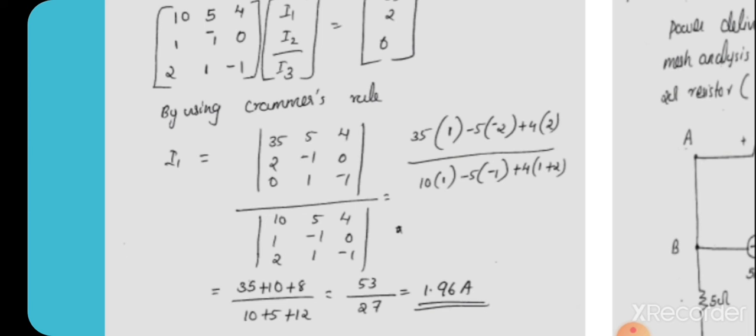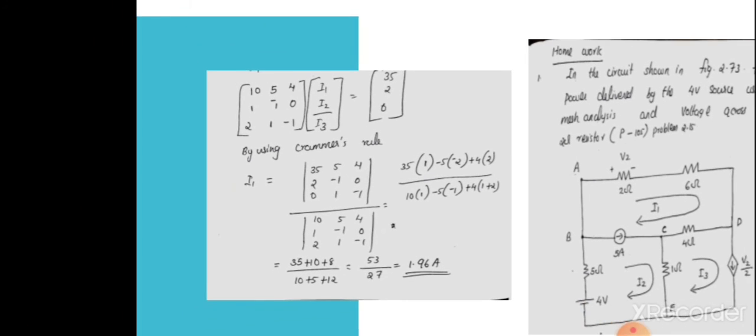And for the second column we will assign a minus sign, minus 5, and we are neglecting the first row and second column, and the determinant of the rest of the numbers will be taken. And the next term is plus 4 into the determinant of, we are neglecting the first row and third column, we are taking the determinant of 2 minus 1, 0, 2. That is the procedure for solving these determinants. And finally we got the value 1.96 ampere, I1 equal to 1.96 ampere.